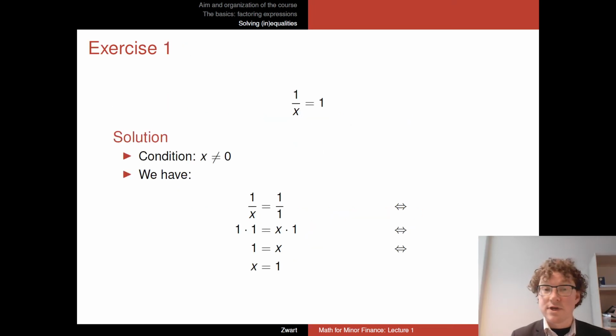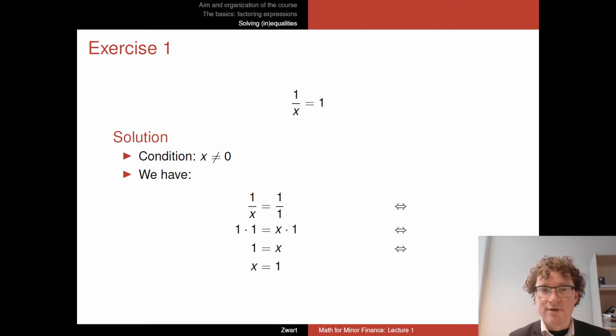They look fairly similar, but let's check whether they are. Let's first look at the equality, 1 over x equals 1. If you need to solve that, the first thing to remark is that this does not make sense if x equals 0, because then we would be dividing by 0, and we can't have that. So we have to impose the condition x is not equal to 0.